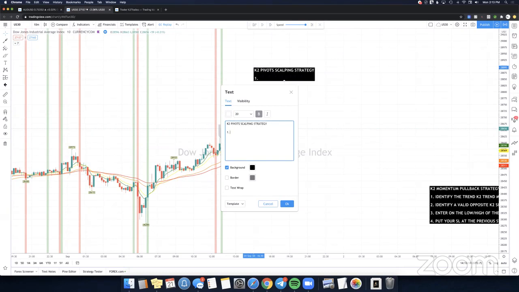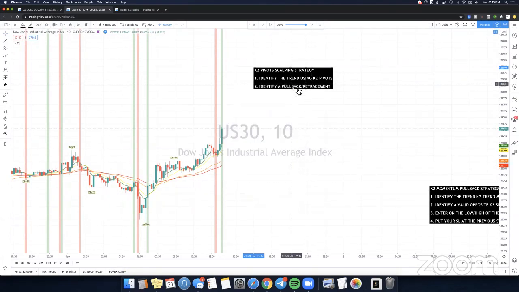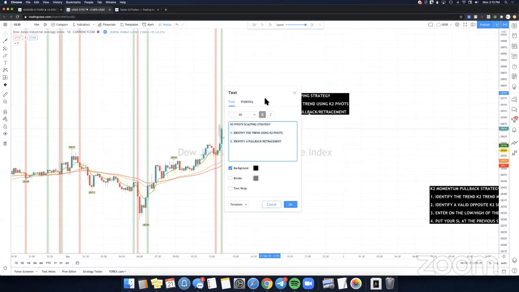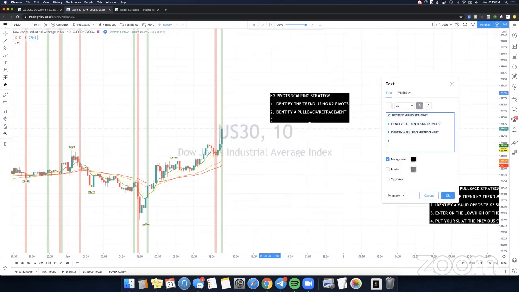So for this one, you're going to identify the trend using K2 pivots, to identify a pullback retracement, and then identify a rejection of K2 pivots area, and then lastly, identify a valid K2 signal.